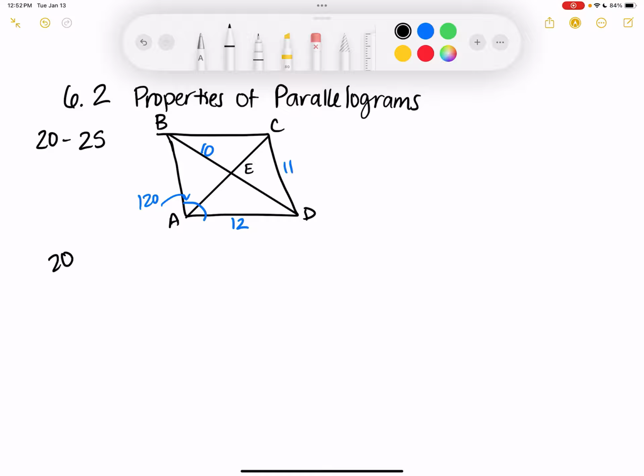Number 20, they want us to find DE, and they want us to say why as well. It is 10, because BE is 10. Since BE is 10, then DE also has to be 10.